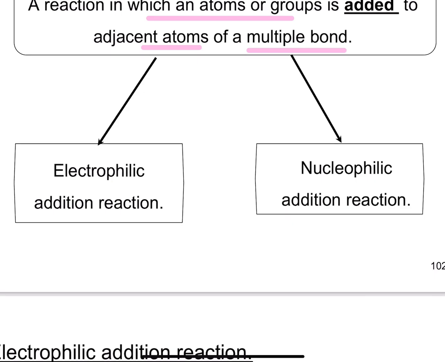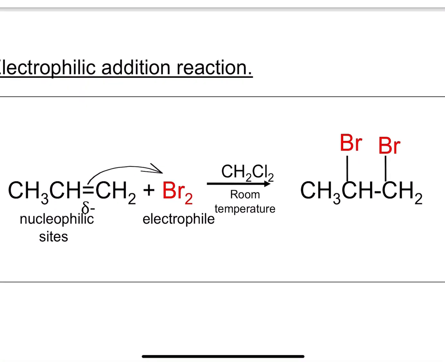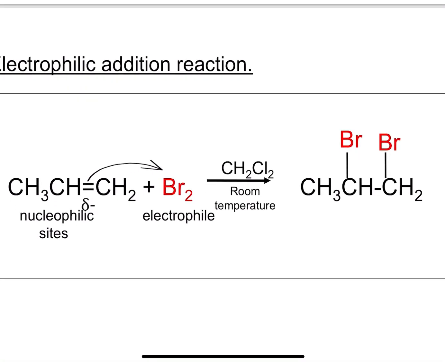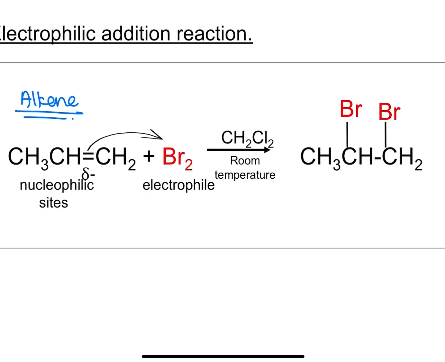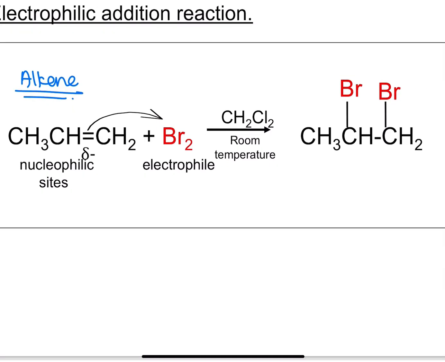So we have 2 types of specific addition: electrophilic addition and nucleophilic addition. Electrophilic addition, just know it, happens for alkenes. I want you to take note and start learning alkenes, because next chapter we are going to do alkenes and alkanes.